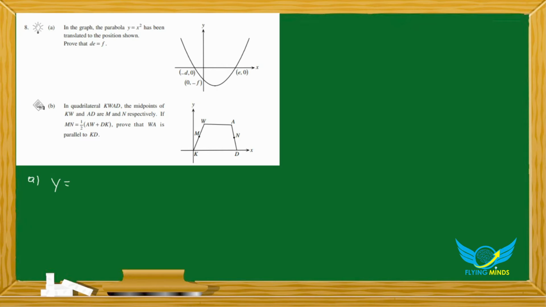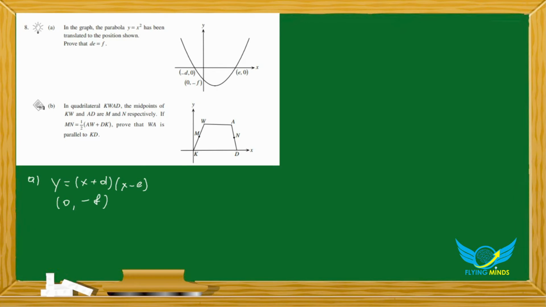Because we have x-intercepts negative d and e, we can write it as x plus d and x minus e. And then we're going to use the y-intercept, which equals 0 minus negative f.